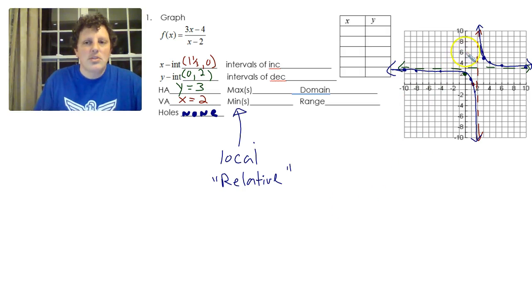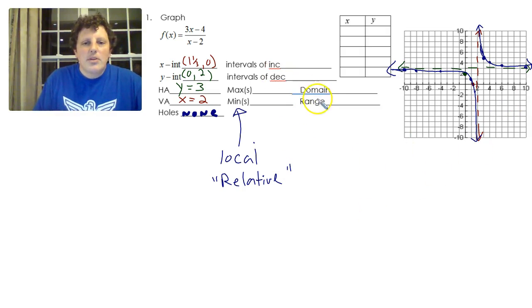These functions tend to always have an arrow up and an arrow down, so we're not talking about absolutes, but relatives. A local maximum requires the function to be increasing and change directions, and a local minimum requires it to be decreasing and change directions. So we're only talking about local minimums and maximums.